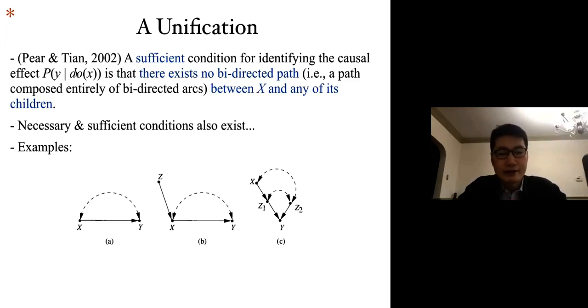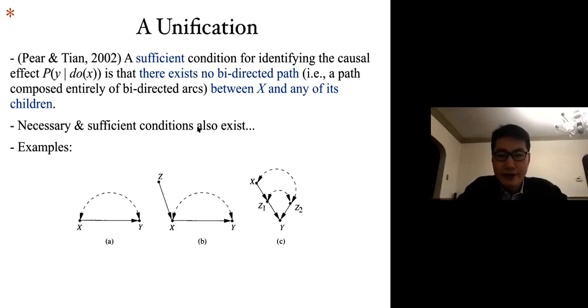By the way, here you can see we use do to denote intervention. There exist other notations. For instance, Peter Spirtes from CMU uses a set right here. And actually he used this notation earlier, but Pearl's do notation got more popular.